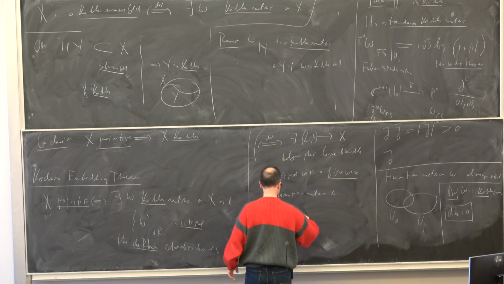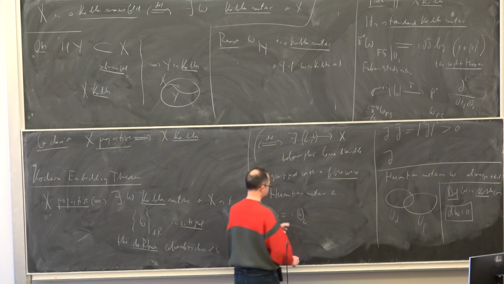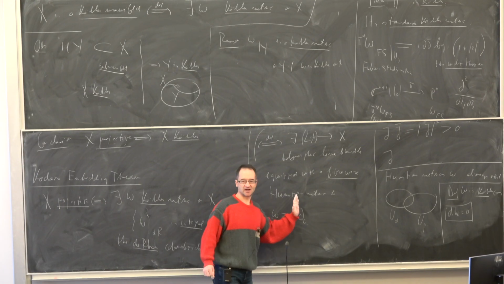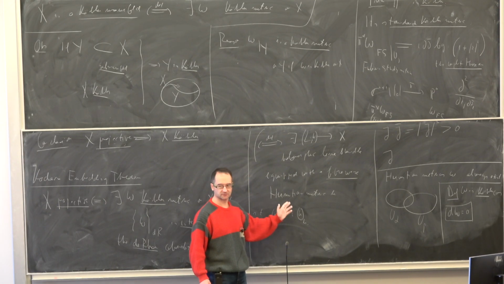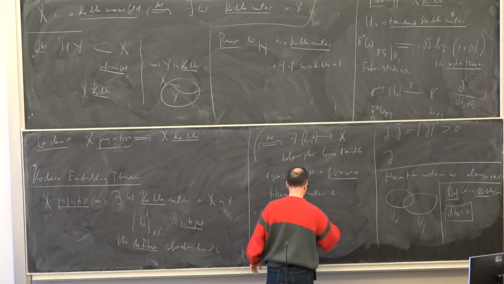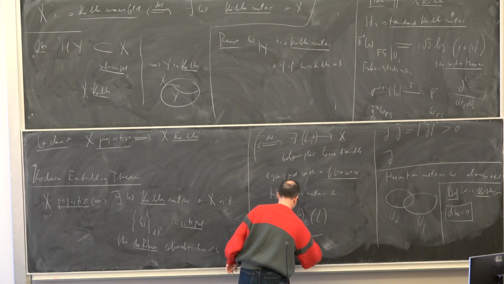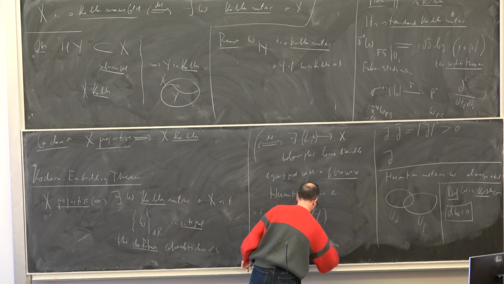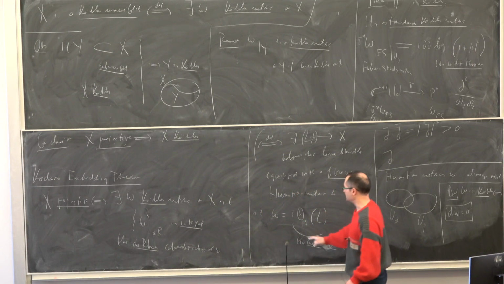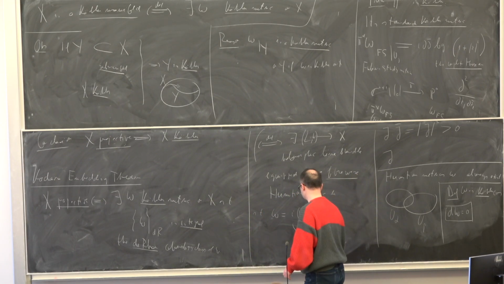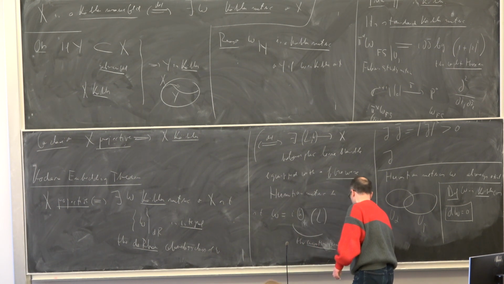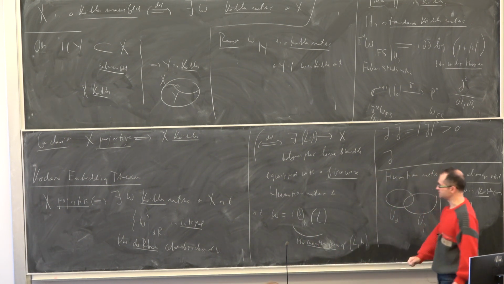Usually we put an i in front of it, because the curvature form is purely imaginary, it's not real, so we put an i in front of it to make it real, and we denote it by theta sub H of L. It's a notation for the curvature form of L with respect to the metric H, the curvature form of the pair L, H.